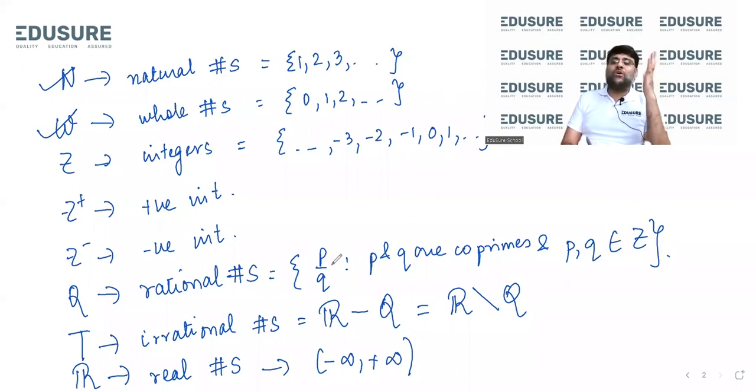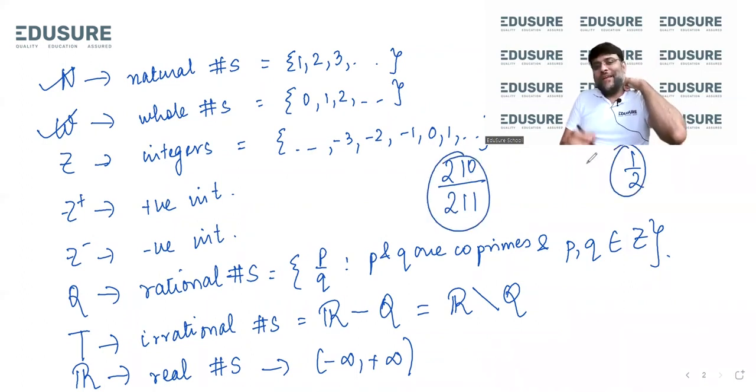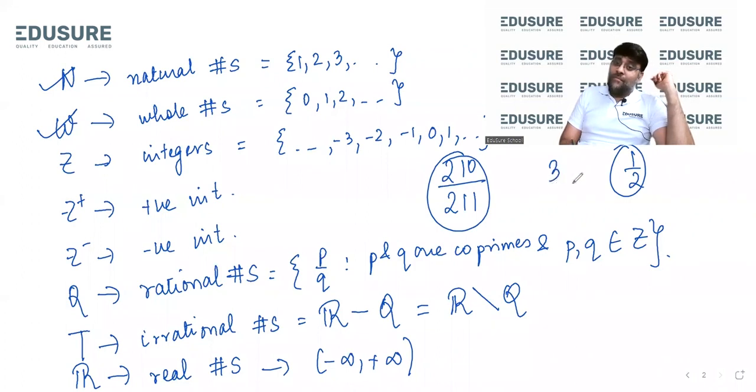Rational is any number of the form p by q. 1 by 2, rational number. 210 by 211, rational number. These are all rational numbers. Any fraction. 3 by 1 is also a rational number. So all natural numbers, whole numbers, integers, everything is a rational number.